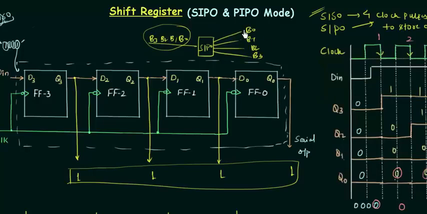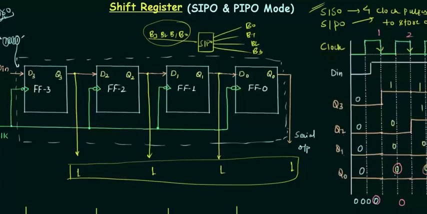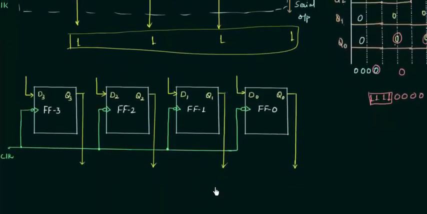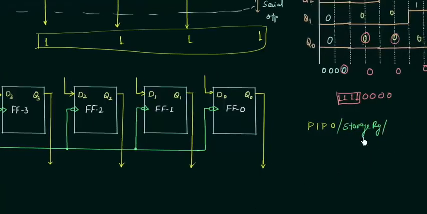Now we can move to parallel input parallel output mode. It is a very simple configuration in the shift registers, and it is one of the most basic things that you have to know. I will call parallel input parallel output the storage register, and I will also call it the buffer register.